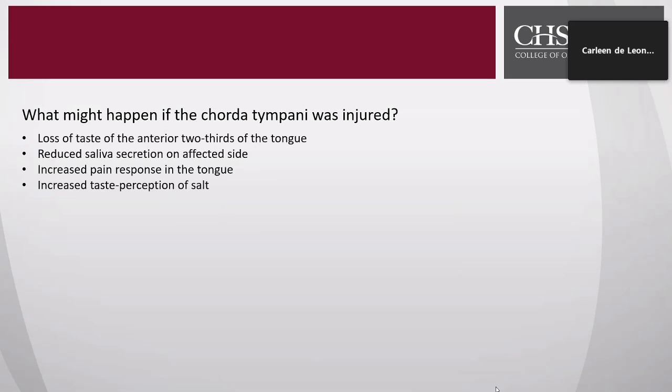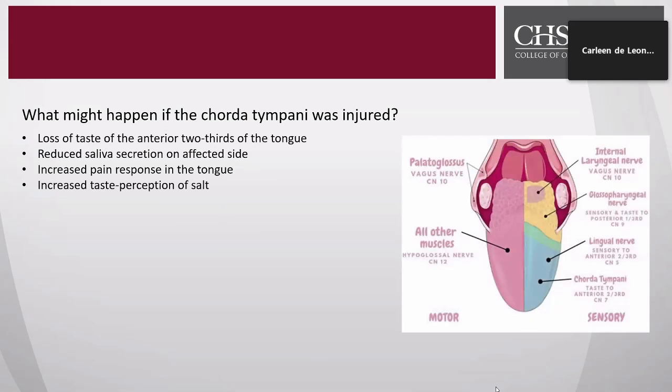Yes, so if you damage the chorda tympani, you will have loss of taste in the anterior 2/3 of your tongue. You'll also have reduced saliva secretion on the affected side. You'll actually have increased pain response in the tongue, and your taste perception of salt will also increase.